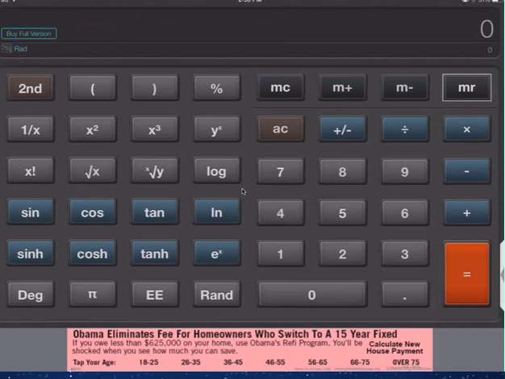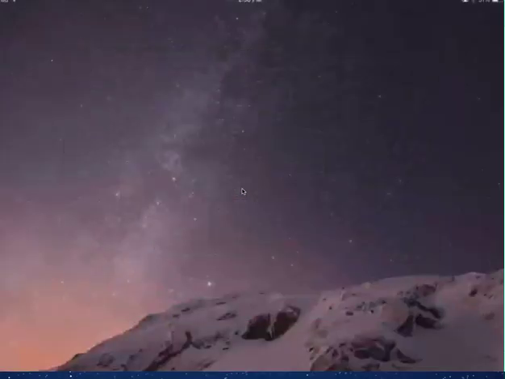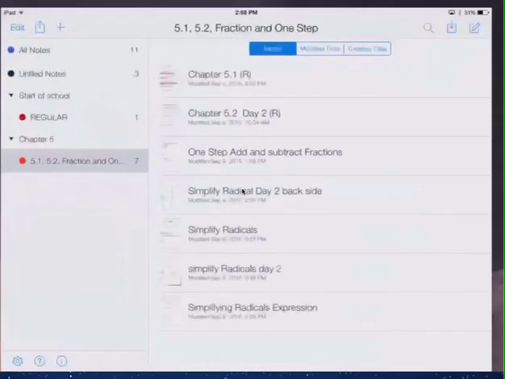Well, can it divide by 4? 384 divided by 4. Wait, no. Yeah, it does. 96. Oops, I put a different number in. Yeah, I've done that many times. You'll see it on my video.